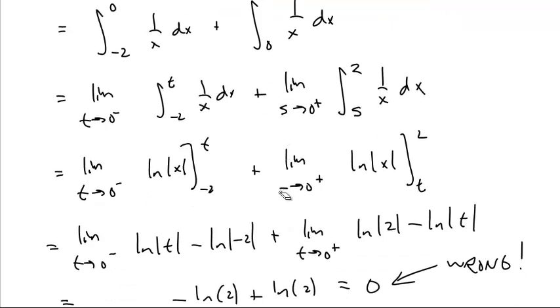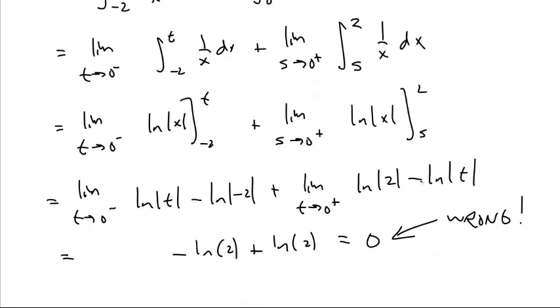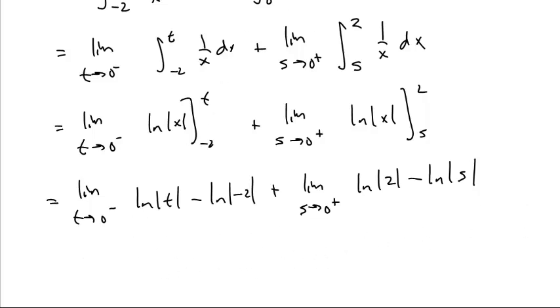Looks like pretty much the same thing. It is pretty much the same thing. However, when you get down to here, you will not be tempted to cancel these things out because they're different. And so what is happening? Well, you look over here. t is going to 0 from the left.